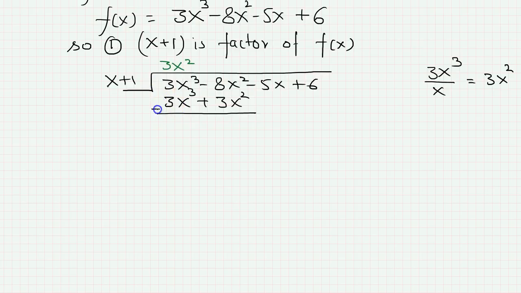Both are positive, so we make them negative. We cancel it. This is negative 8 and this is negative 3. So 8 and 3 is negative 11x square.